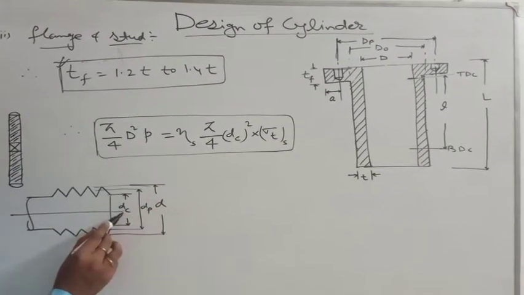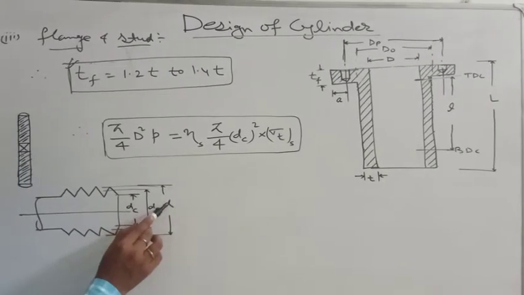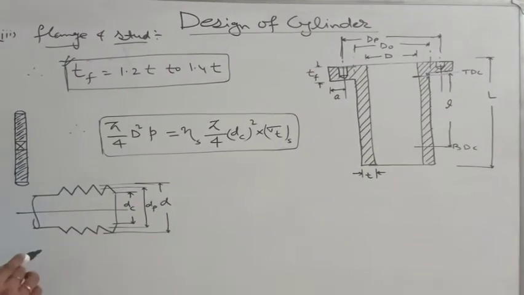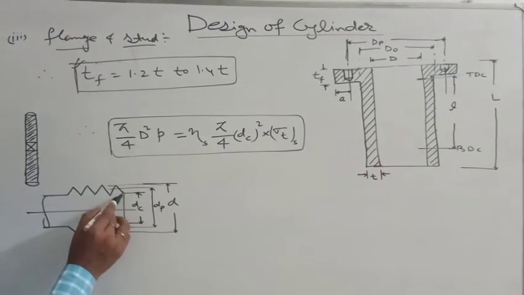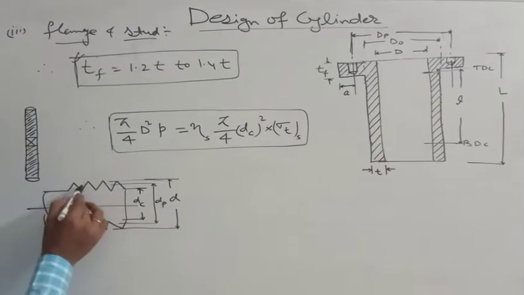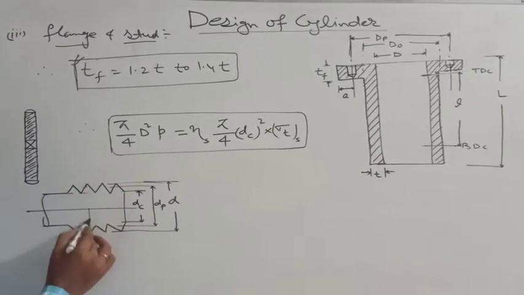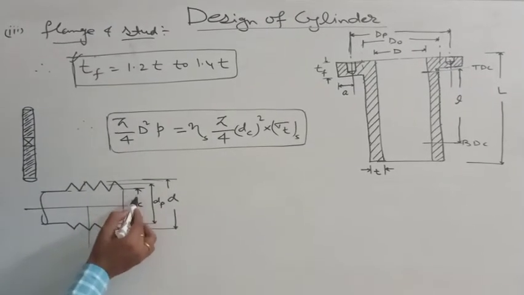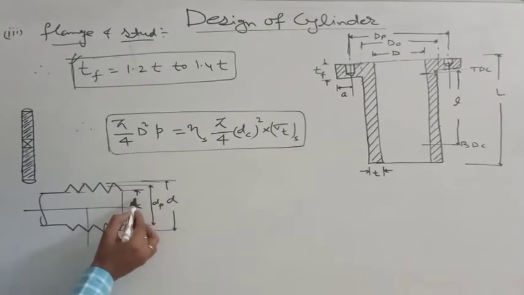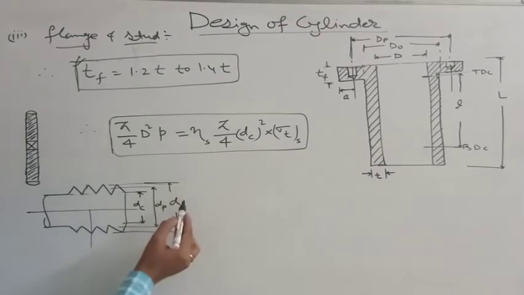If this is the core diameter, this is the pitch diameter, and this is the nominal or major diameter of the threads, then the strength of this thread is the cross section of this threaded portion. If we consider the cross section about this root, then the cross-section area is pi by 4 dc square.